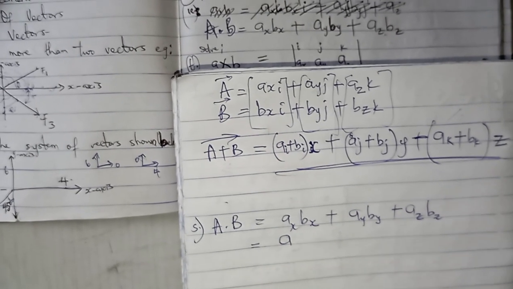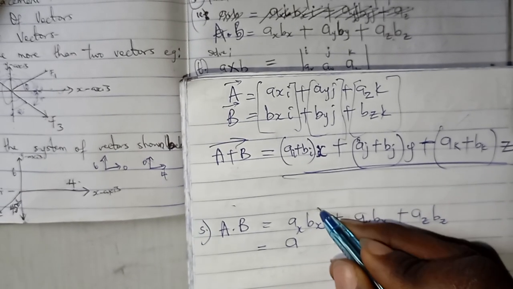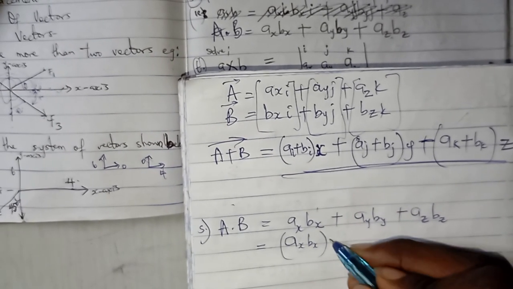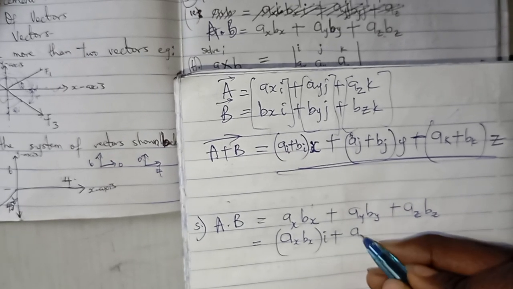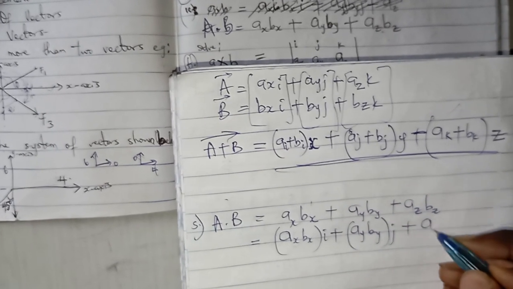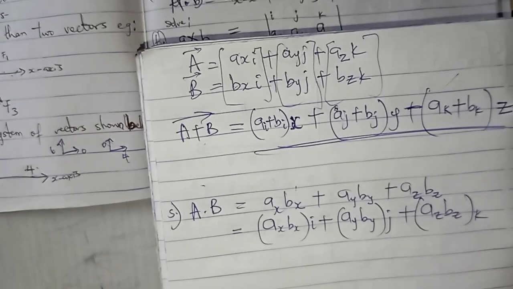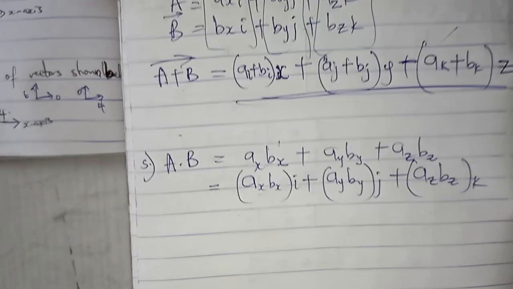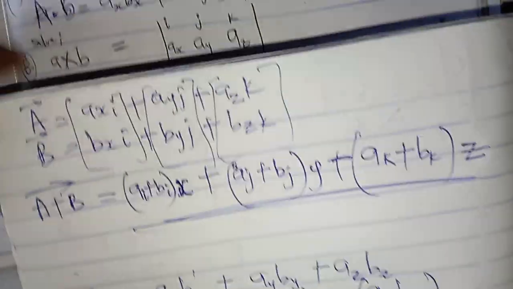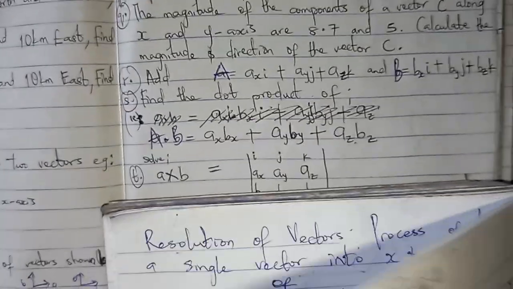But if you look at this very well, everything here, AXBX, is happening at i, plus everything here, AYBY, is happening at j, plus AZBZ is happening at k. So if I'm to find the dot product, what exactly?